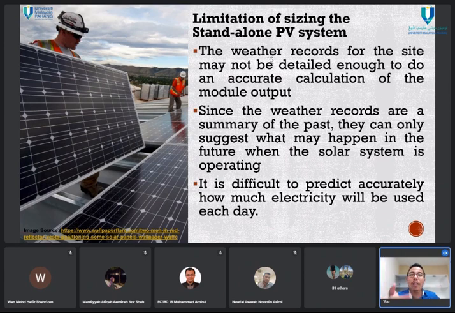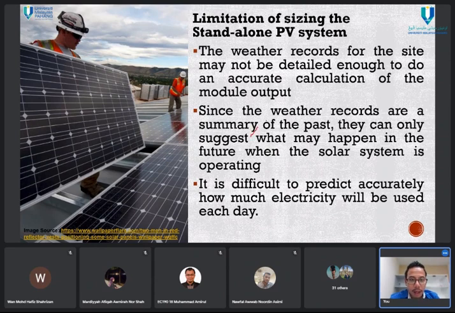That's why solar irradiance forecasting studies are still at the level of research, Masters and PhD studies. A lot of papers and journals are doing forecasting studies of solar irradiance. What we get for prediction is only the past record, the historical record.